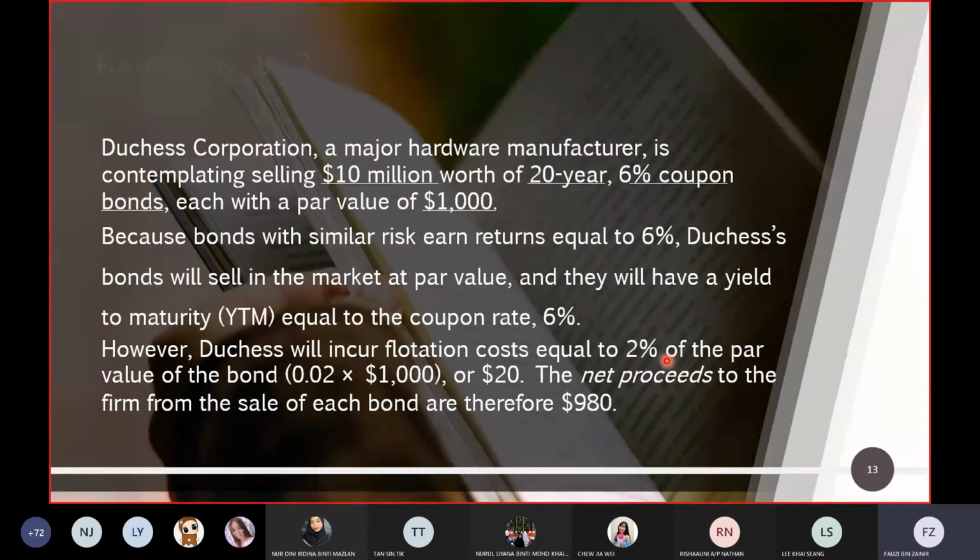Okay, let's look at example 9.2 here. Duchess Corporation, a major hardware manufacturer, is contemplating selling $10 million worth of 20-year 6% coupon bonds, each with a par value of $1,000. Because bonds with similar risk earn a return equal to 6%, Duchess bonds will sell in the market at par value, and they will have a yield to maturity equal to the coupon rate.